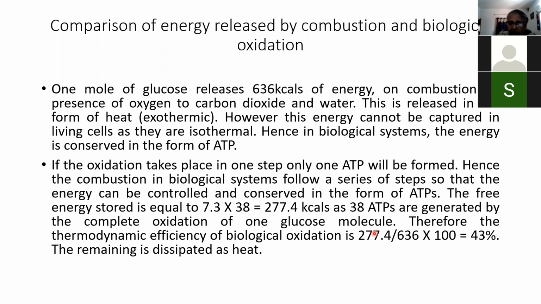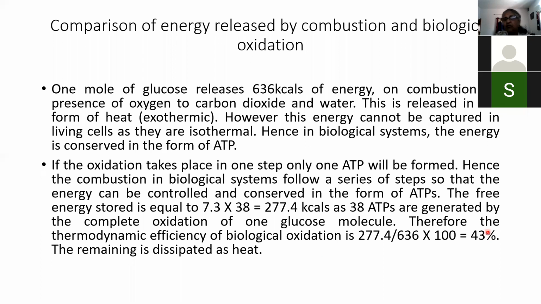If I consider the efficiency, it becomes 43%. 277.4 divided by 636 into 100 is 43%, which is only what is conserved by the combustion of one molecule of glucose into carbon dioxide and water in biological systems. The remaining is waste. It is dissipated as heat.